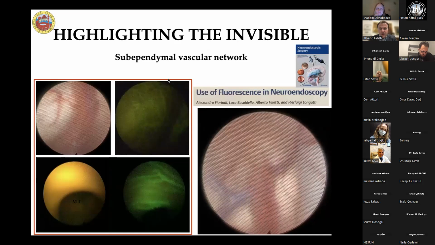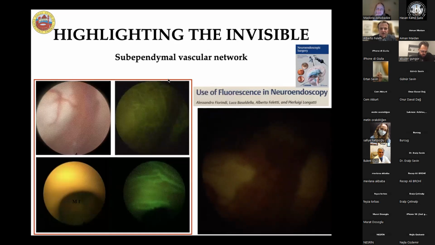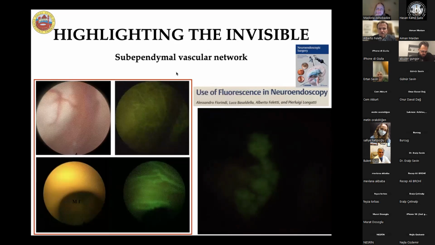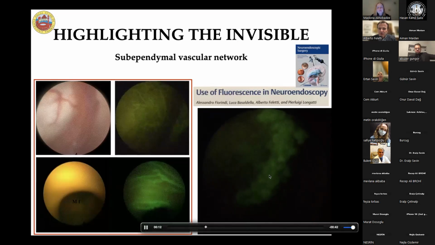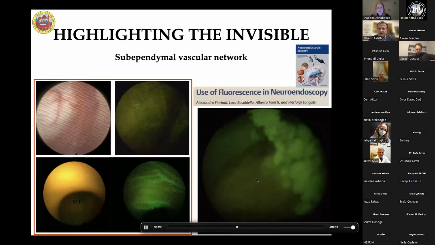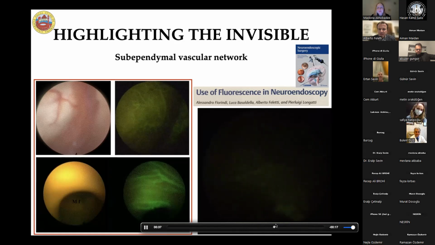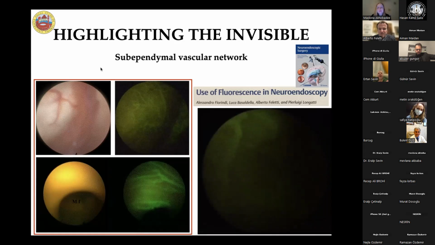Again, the use of fluorescein sodium injection allows us to see something that otherwise would be invisible, not only the choroid plexus, but also the tiny subependymal vascular network, which is surprisingly complex, especially if compared with the normal light anatomy that shows you only a partial situation.